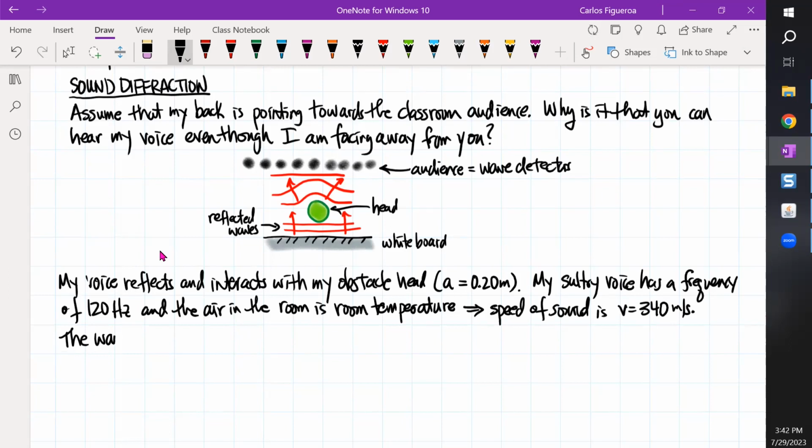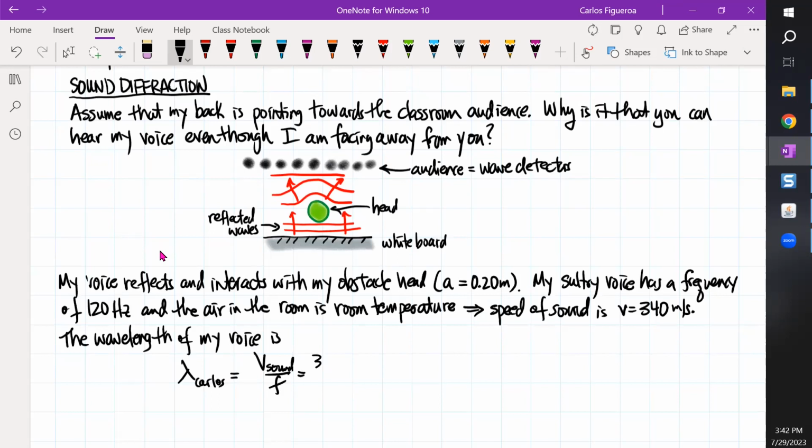The wavelength of my voice, the wavelength of Carlos, is then going to be the speed of sound divided by the frequency.